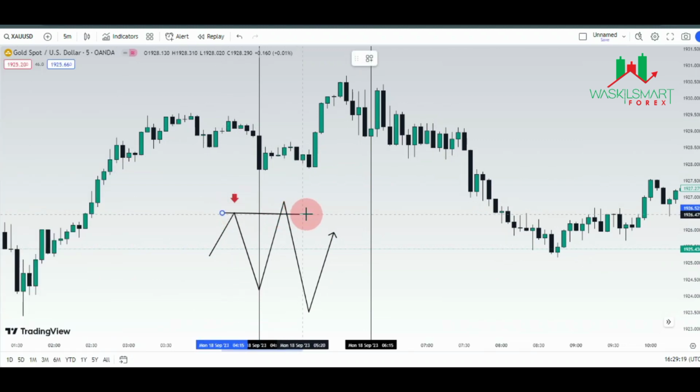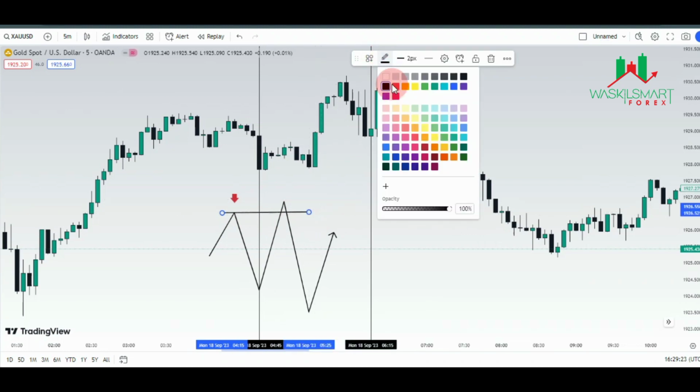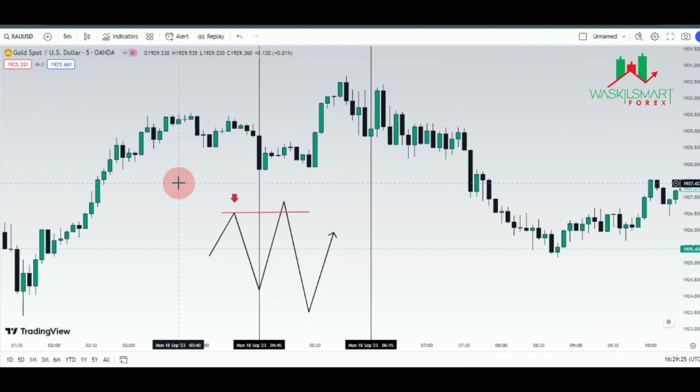When the market does that, it gives me an acceptable choice, but it is not just an ordinary high. The high must be an Asian session high.